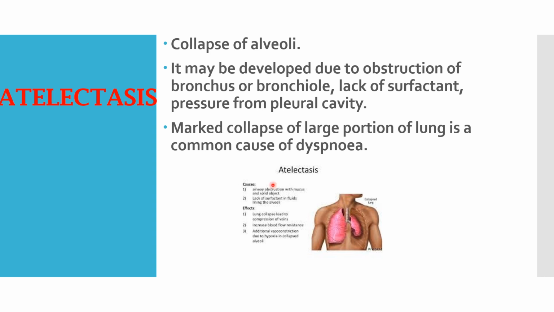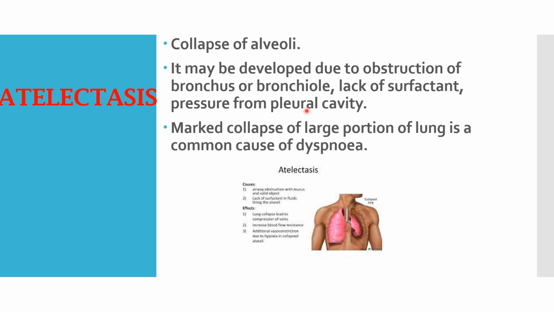And the next one is atelectasis. It refers to the collapse of alveoli with absence of air in the involved parts. It may develop due to obstruction of bronchus or bronchiole and the lack of surfactant, which increases the surface tension and causes collapse of alveoli, and also from pressure from the pleural cavity.